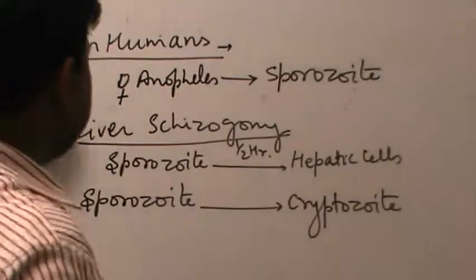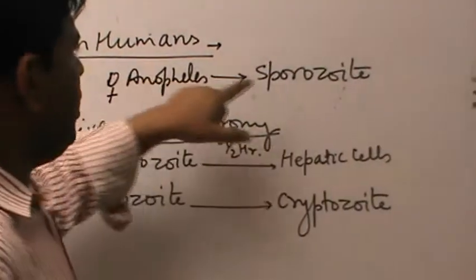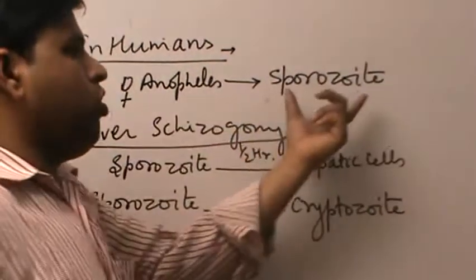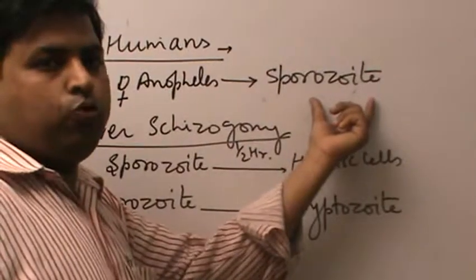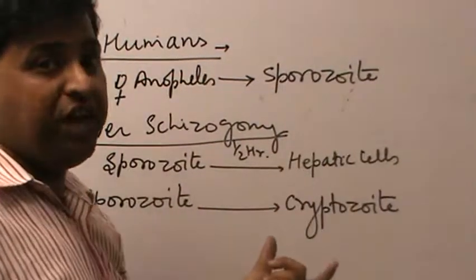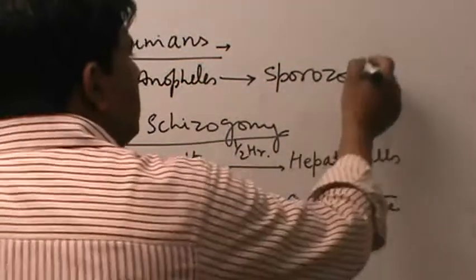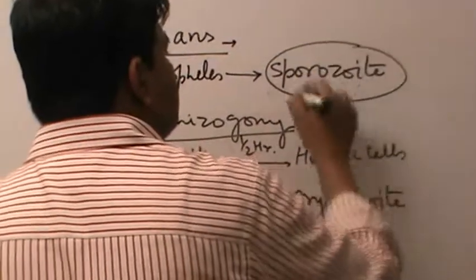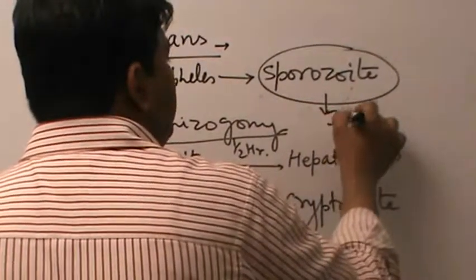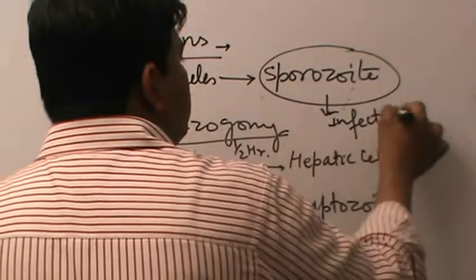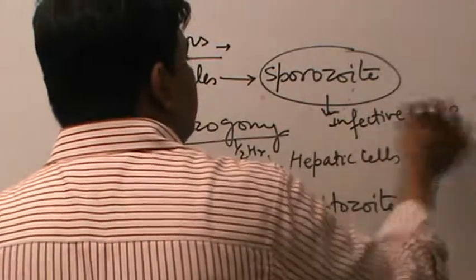So in humans, the female Anopheles inoculates the sporozoite. For humans, the sporozoite is the infective stage.